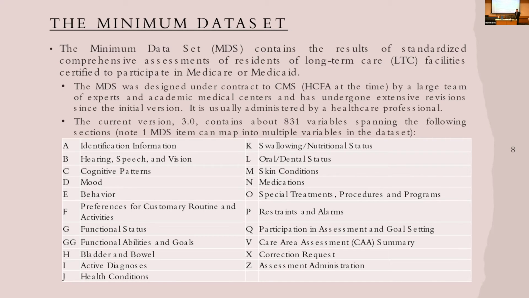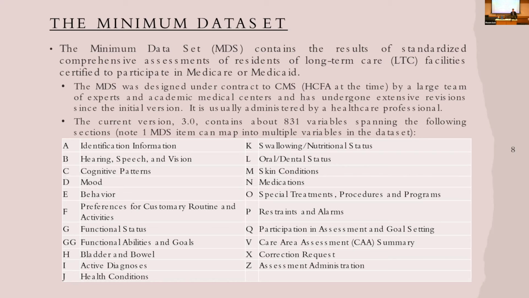The current version is 3.0, which contains 831 variables spanning several sections. Now, these are data variables. On the instrument itself, they don't have 831 questions. A single question maps to multiple variables in the data set, and a lot of them are just administrative in nature. So it's not that you have one poor guy sitting in a nursing home and getting asked 831 questions.